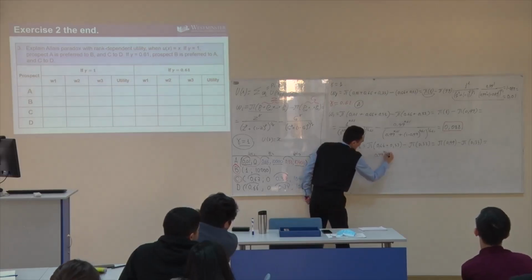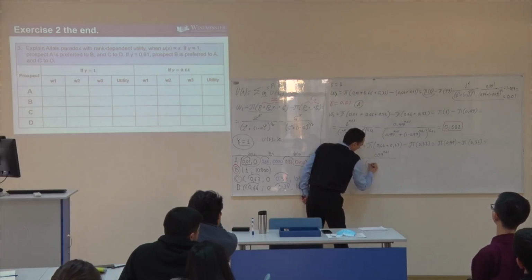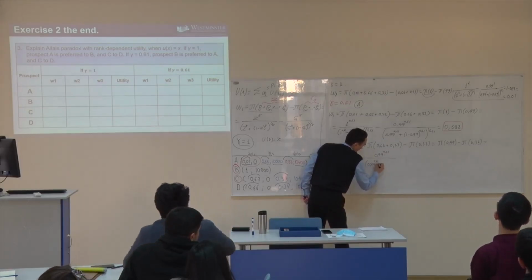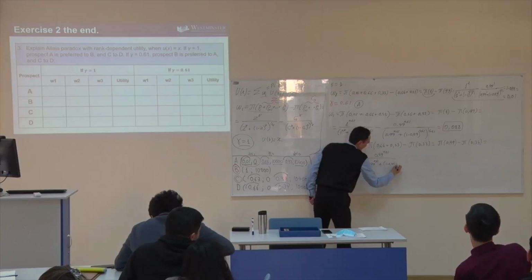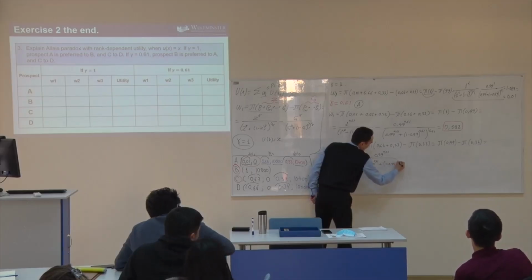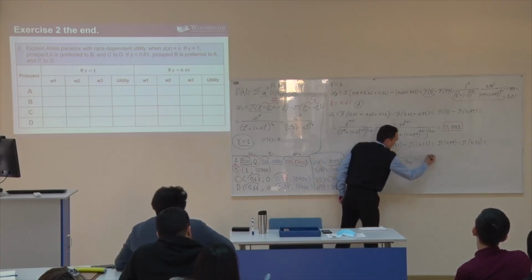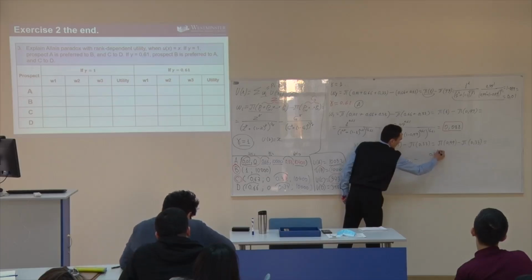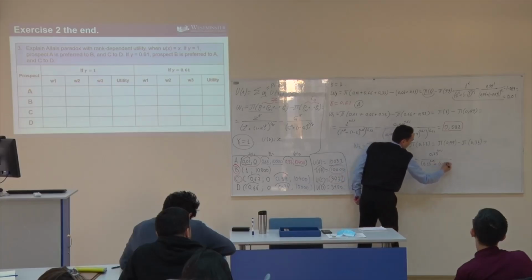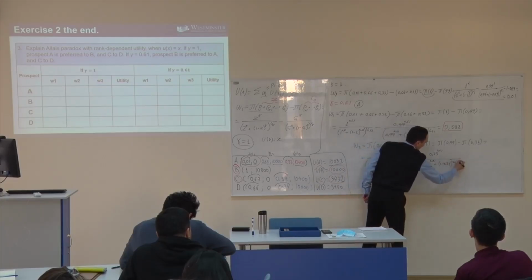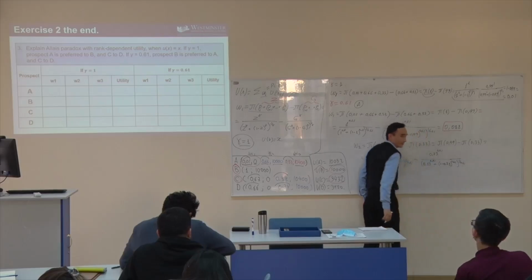0.99 in the power of 0.61 over 0.99 in the power of 0.61 plus 1 minus 0.99 in the power of 0.61, all in the power of 1 over 0.61, minus 0.33 in the power of 0.61 over 0.33 in the power of 0.61 plus 1 minus 0.33 in the power of 0.61, and everything in the power of 1 over 0.61.